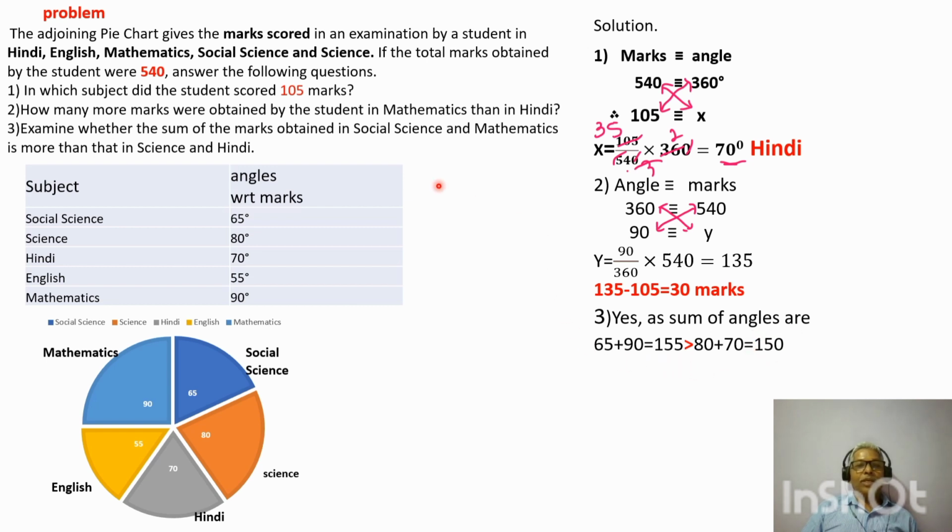So definitely the social science and mathematics angle addition is more, hence the total of these marks will also be more. He is not asking how many marks more, he is just making a statement on whether the sum of the marks obtained in social science and mathematics is more or not. Yes, as the sum of angles is more, the marks are also more. So this is the problem solved for you.